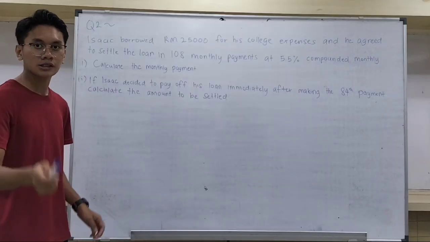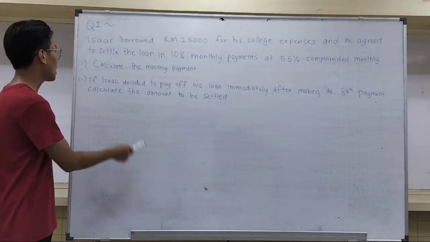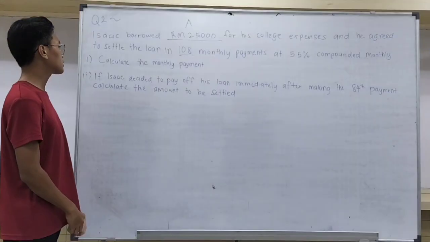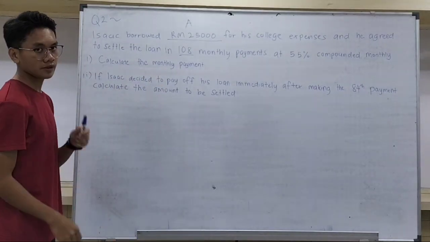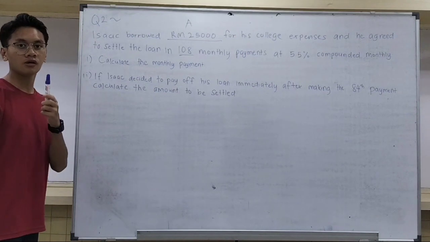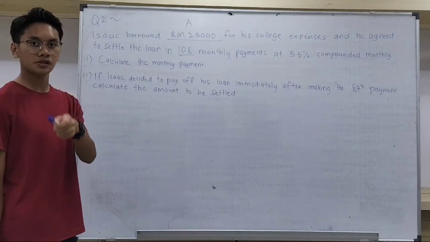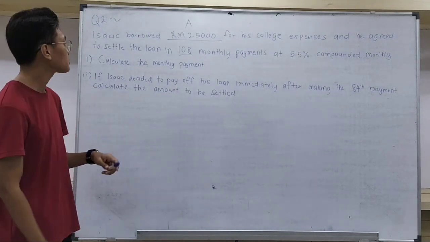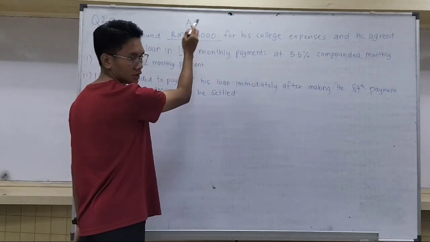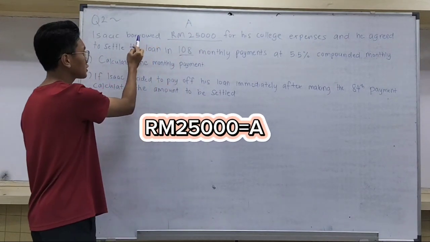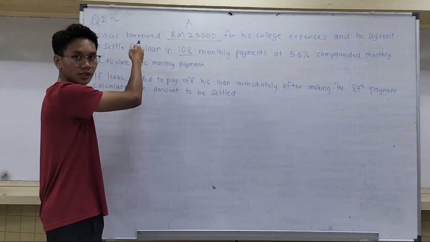Okay, next for question 2. First, calculate the monthly payment. Before that, we need to list all the information given based on the question. Isaac borrowed 25,000, so this is A because it mentioned borrow, right?